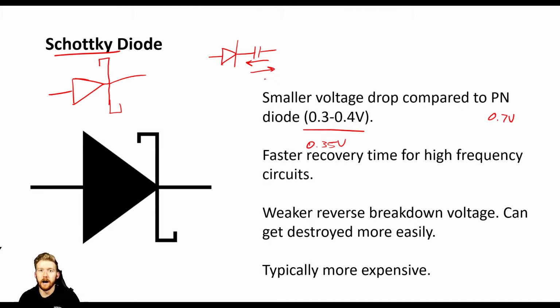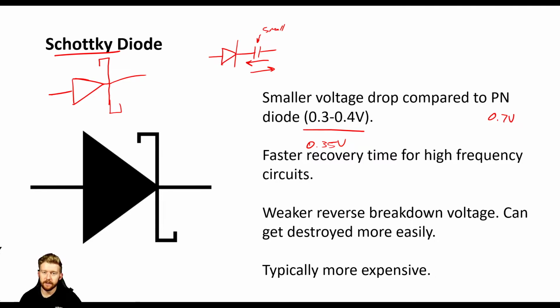If you want to block a voltage, you need to have a very quick recovery time. In the same way, if you want to let current flow, you have to have a really quick recovery time. PN diodes can be a little bit slow when it comes to that, but Schottky diodes have a smaller capacitance, and because of that, they're really good for higher speed circuits. So if you need something like a high frequency RF circuit, or if you're working in the kilohertz range, these diodes might be a little bit better.